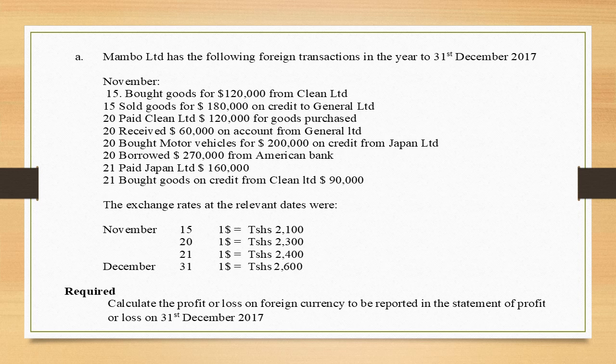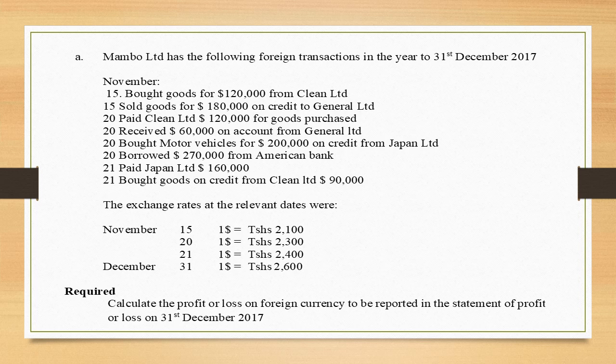And on 21st, also we bought goods on credit from Clean Limited 90,000. So you have these transactions in US dollars, but we keep our records in Tanzania shillings, and the exchange rates of the relevant dates were as follows. On the dates in November where the transactions took place, we had different exchange rates.